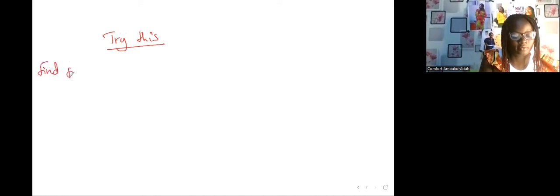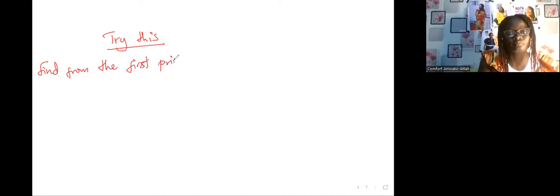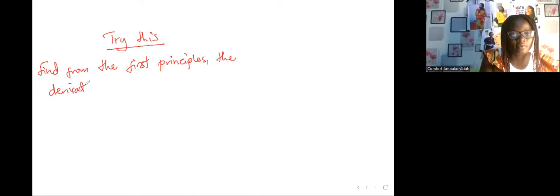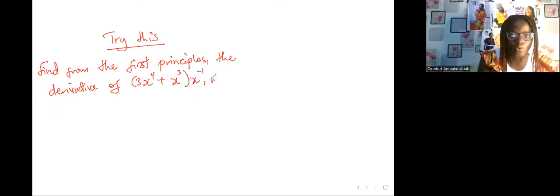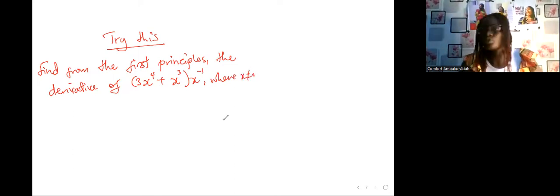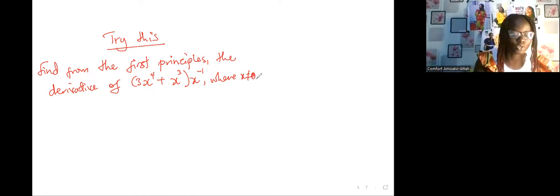Find from the first principle the derivative of 3x exponent 4 plus x cubed, then x exponent negative 1, where x is not equal to 0.